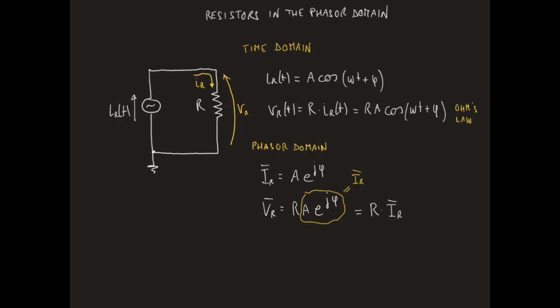The relationship between the voltage and the current in a resistor in the phasor domain can be written as ZR times the current phasor IR, where ZR is the impedance of the resistor, simply equal to the resistance R. In the case of a resistor, the impedance is purely real.